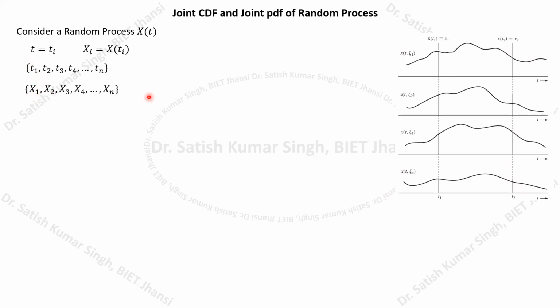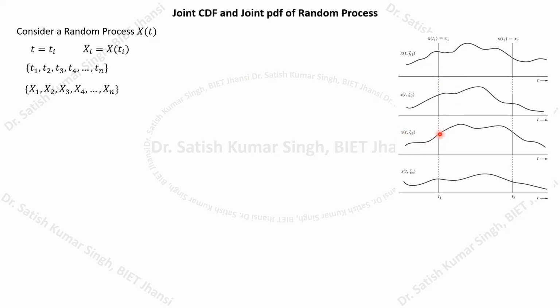What are those outcomes? If we do the measurement at t equals t1, we have to tell what the outcome is due to sample function 1. There will be a certain amplitude at this point. Then at the same time t equals t1, what will be the outcome due to sample function 2, and similarly sample function 3?